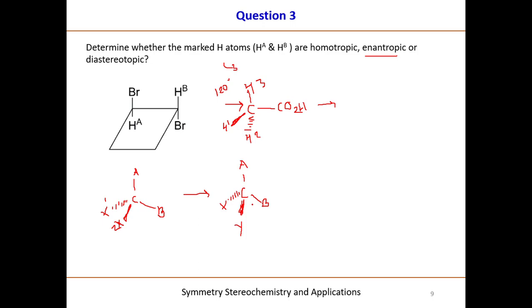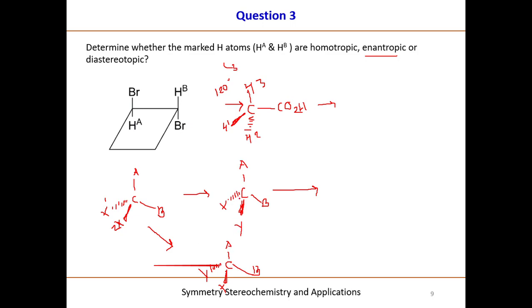Now we have to check the plane here. I will change the other X by Y. So I will draw it here. We will compare these two molecules, and here we can say a sigma plane of projection is present in these two molecules.